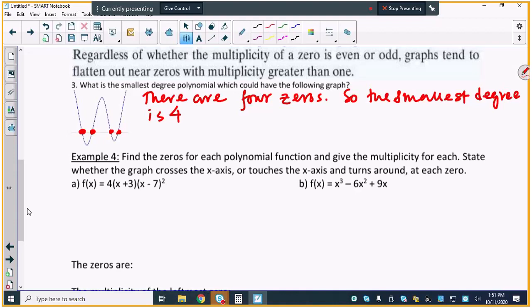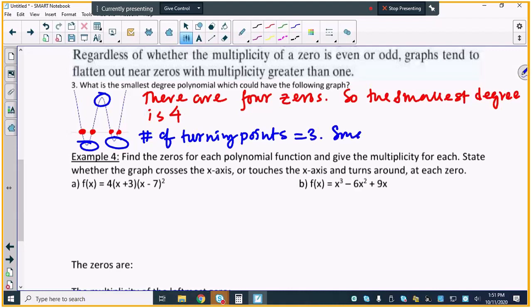What else could you have done? You could have counted the number of turning points. This is one of the turning points, this is one of them. So the number of turning points is going to be determined by the degree of the polynomial minus 1, and this is 3. So the number of turning points is 3.